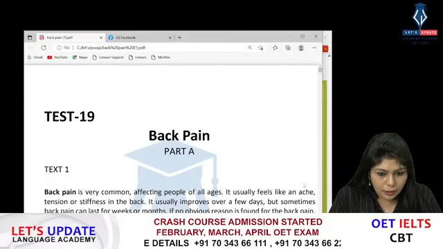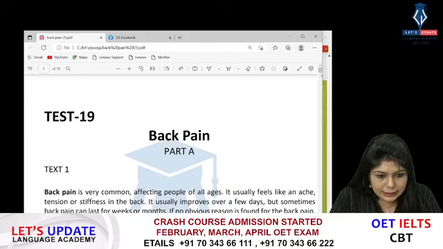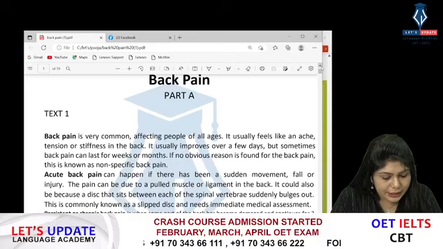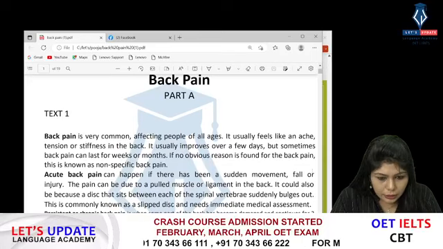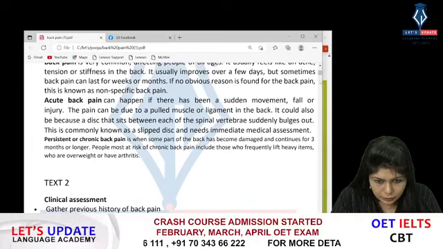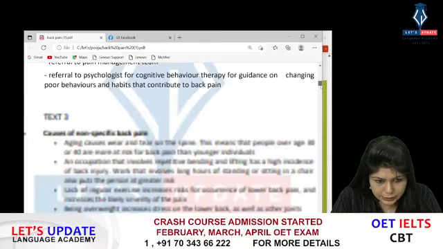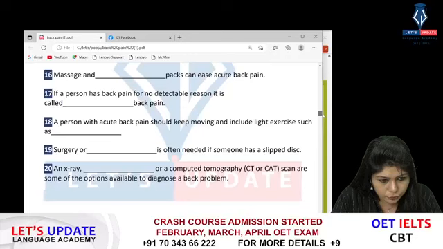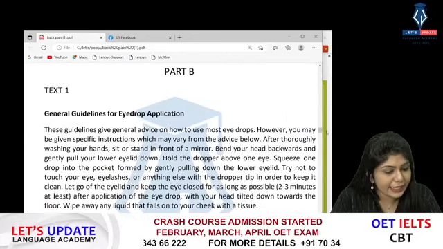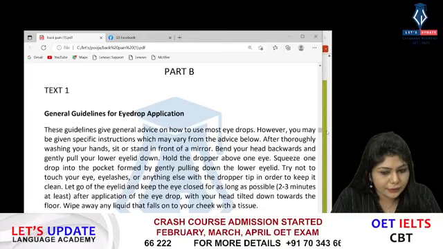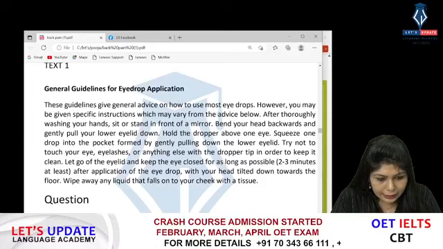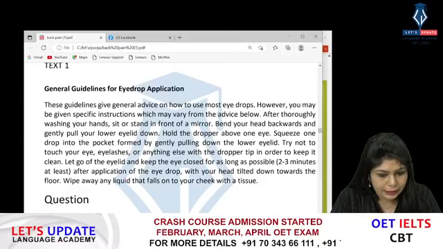Right, so now this is text one, as you can see on the screen. This is the extract, and it is followed by a question and three options. I hope this is visible to you.